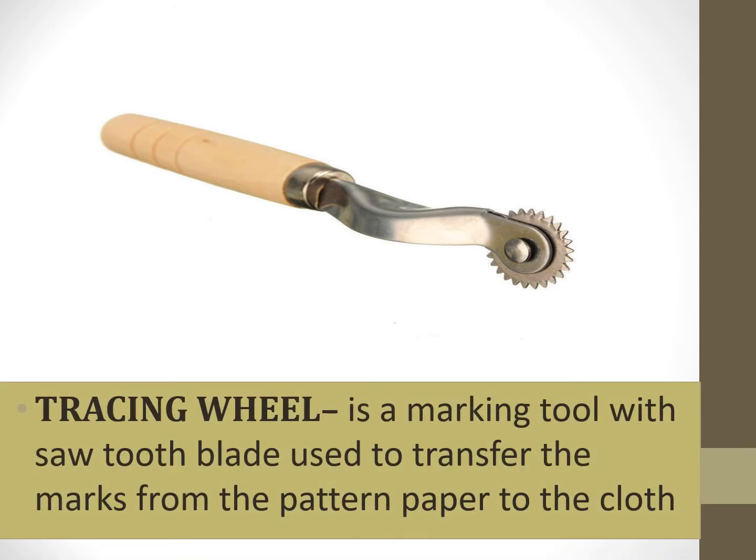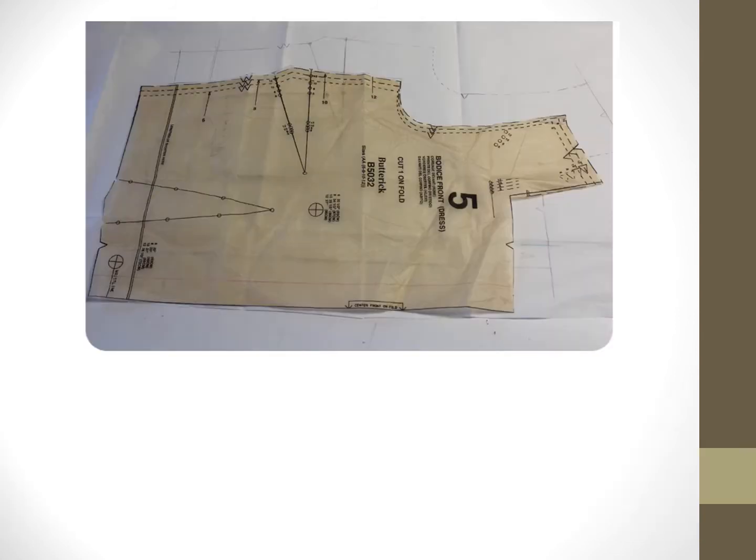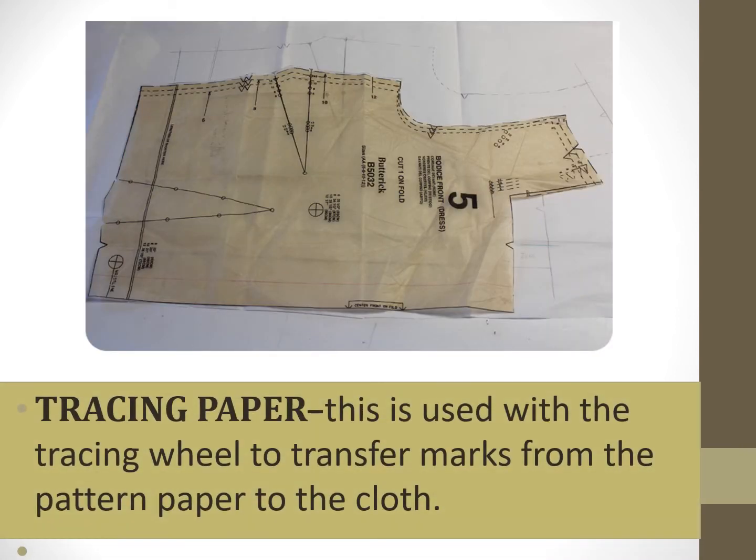Tracing wheel is a marking tool with a sawtooth blade used to transfer the marks from the pattern paper to cloth. Tracing paper is used with the tracing wheel to transfer marks from the pattern paper to the cloth.